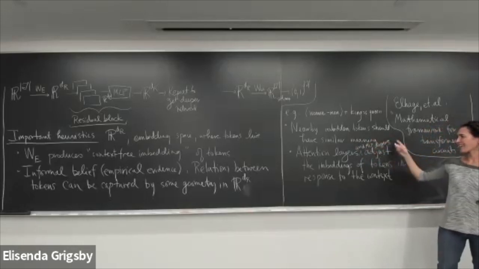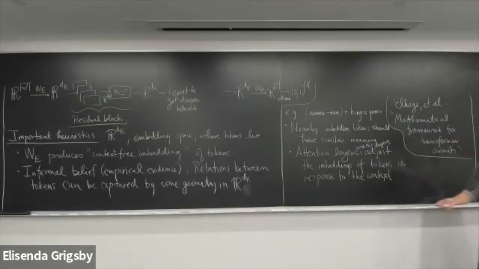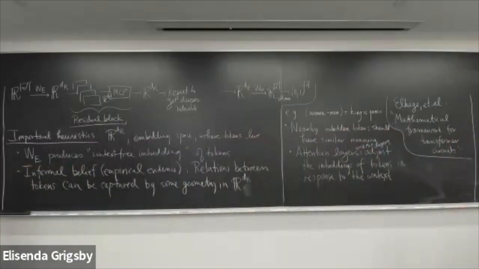But the heuristic we should have in mind, or again, the informal belief, is that the MLP layers are doing more of the actual reasoning that's happening in the transformer. Although I would say that evidence there is also somewhat thin.